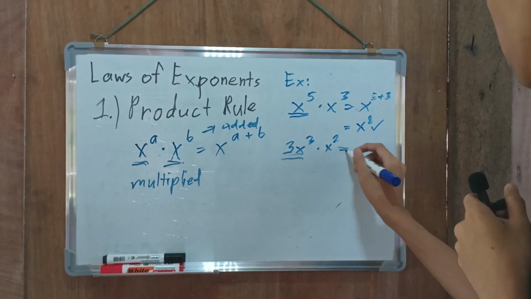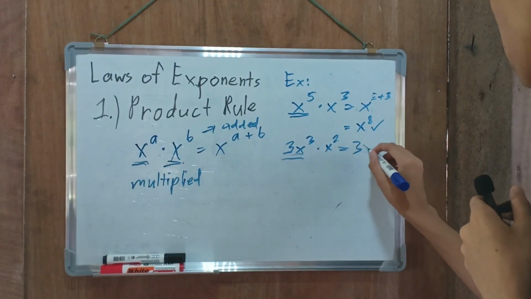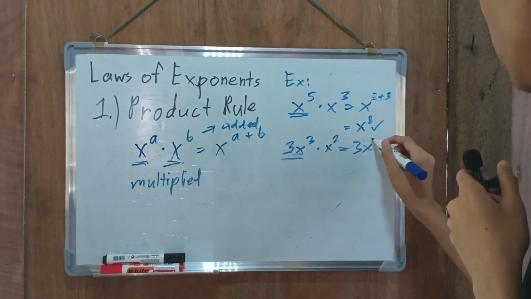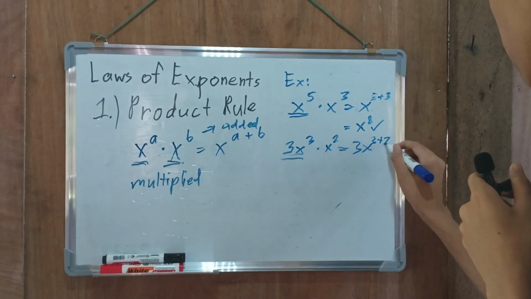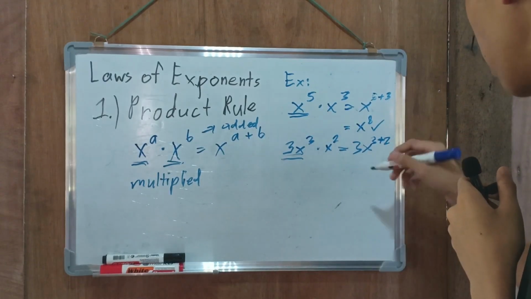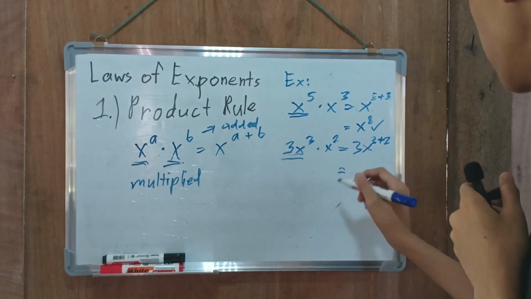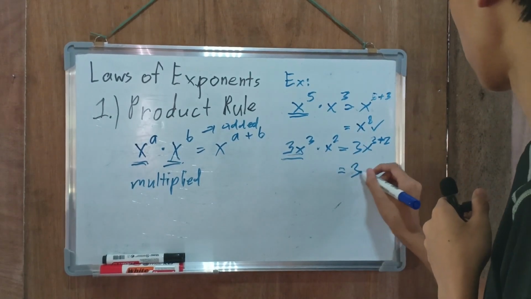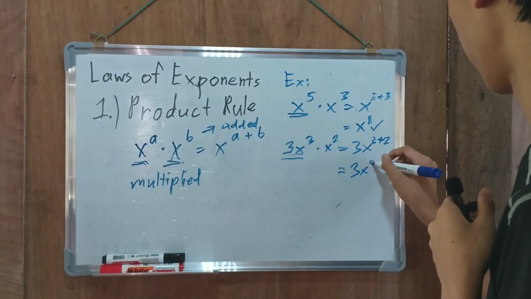Just copy 3, then copy x, and then add 3 plus 2 as the exponent. This means 3 plus 2 equals 5, so 3x raised to 5.